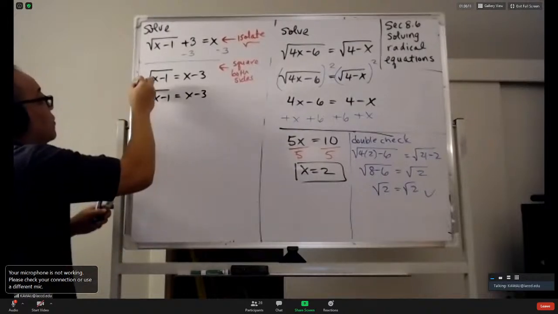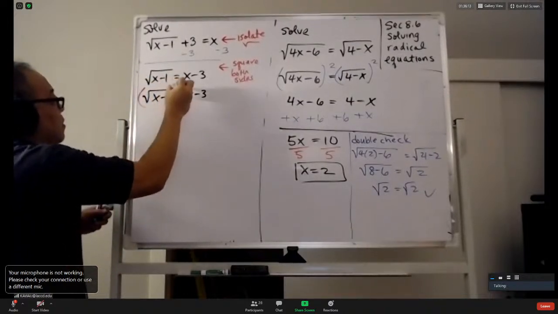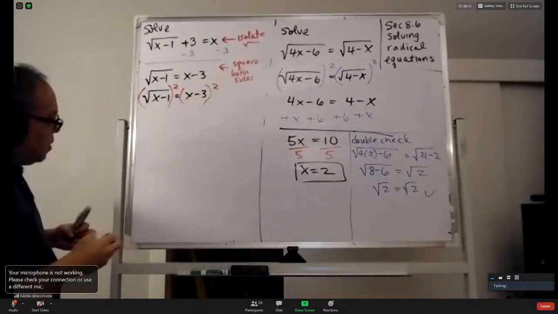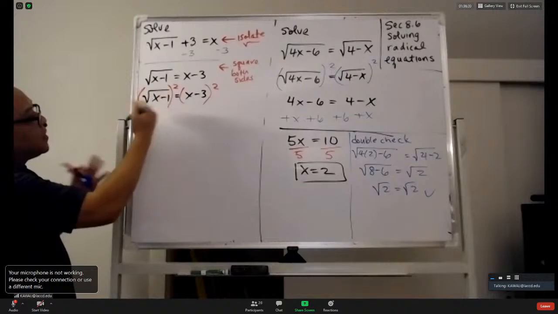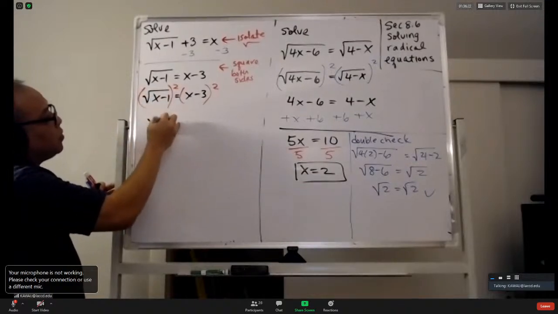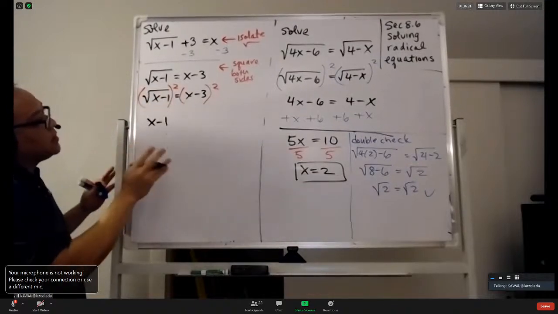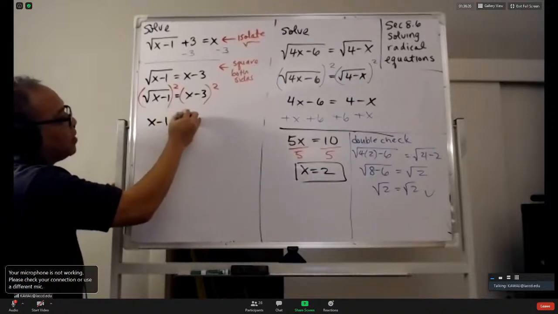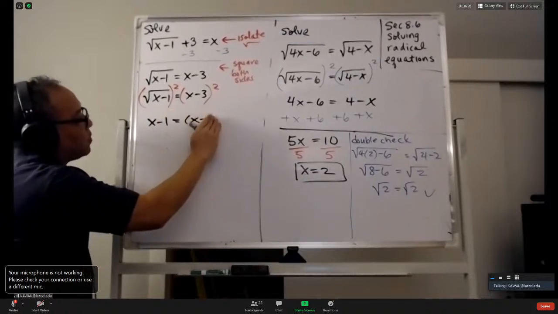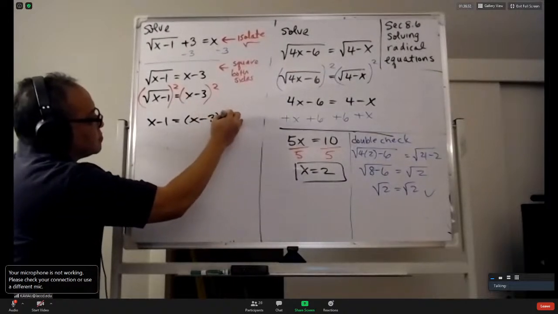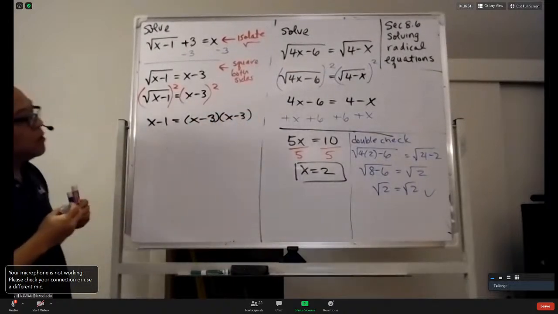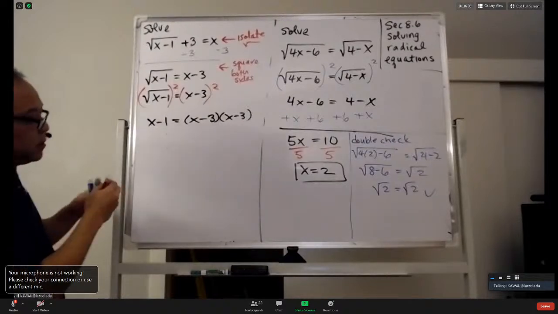Now you've got to be careful. When you square both sides, on this left side the square root and the square cancel each other out. But on this side, what you're going to do is a FOIL. So go ahead and FOIL this.